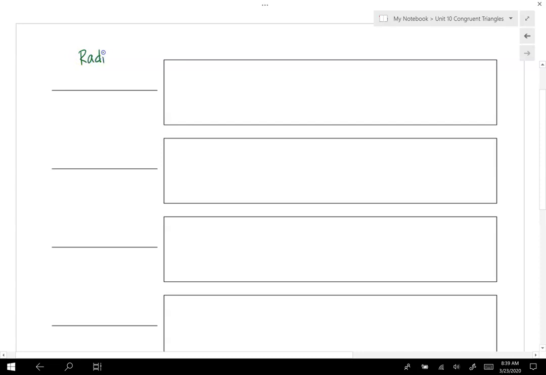There's really not a specific name for it. Radii theorem. Okay, just so you don't forget. You're gonna write all radii of the same circle are congruent. Circle, remember this means circle.